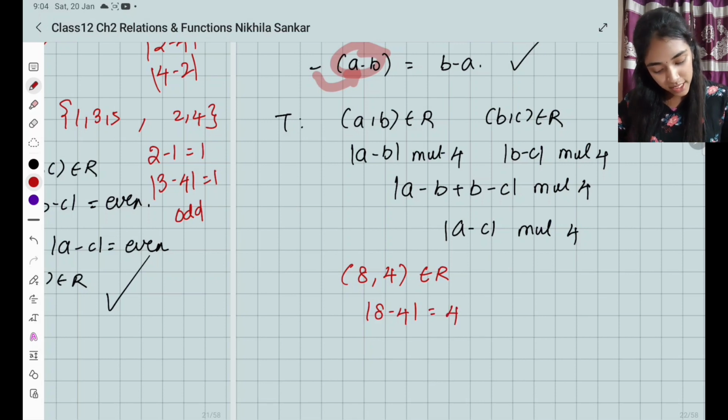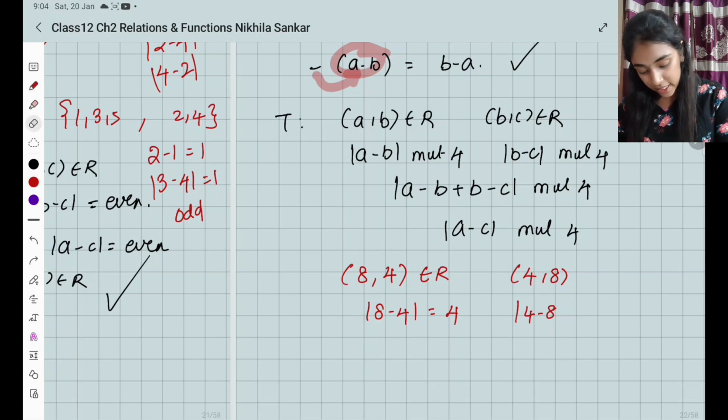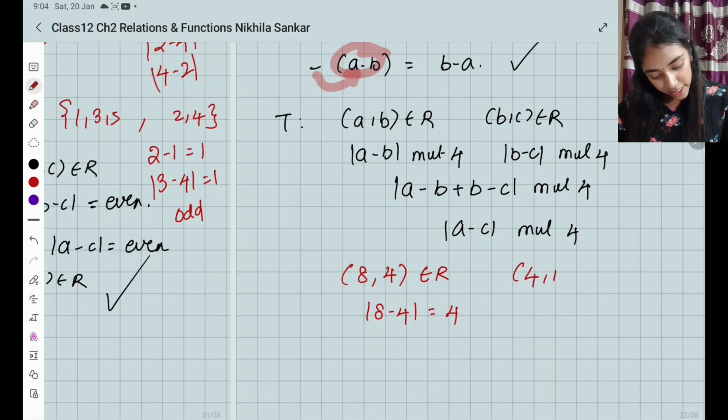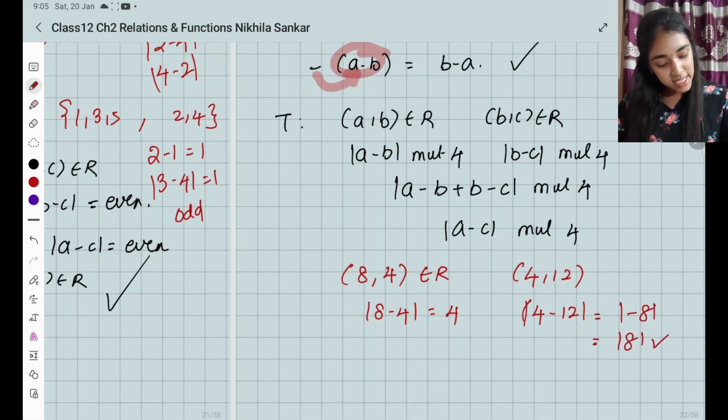So you have 4 is a multiple of 4. Now 4 comma 8, sorry, 4 comma 8 is not it. Here you can take a different number but the b value has to be the same. So you can take 4 comma 12, which means 4 minus 12, which is minus 8, which is 8, a multiple of 4.